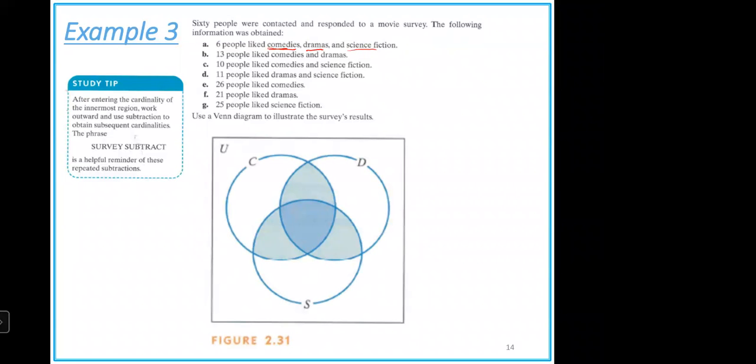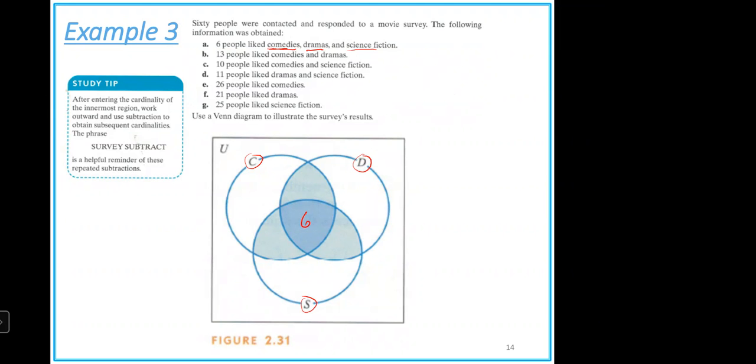So here we're going to use C for comedy, D for drama, S for science fiction. Straight off, 6 people like comedies, dramas, and science fiction, so those people fall in the innermost region. Once we know that region, we can work from there to fill in the rest.